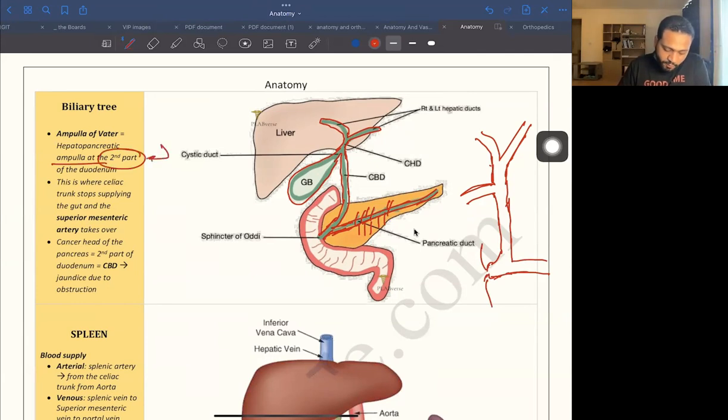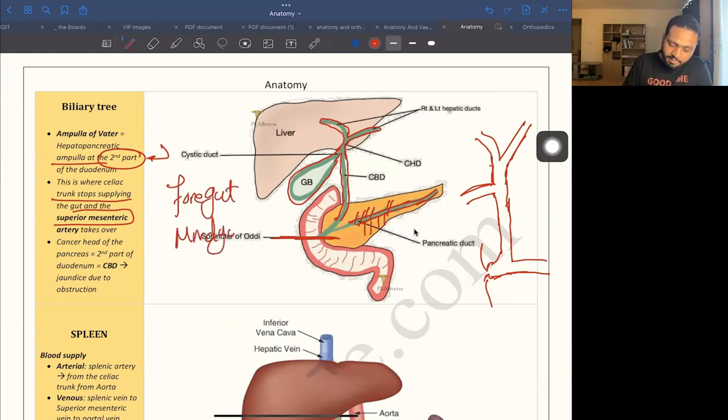Remember that. This is where the celiac trunk stops supplying the gut and the superior mesenteric artery takes over. So here, the opening of the ampulla of Vater divides the foregut and the midgut. The gut is divided into number one, foregut, number two, midgut, and number three, hindgut, all right?